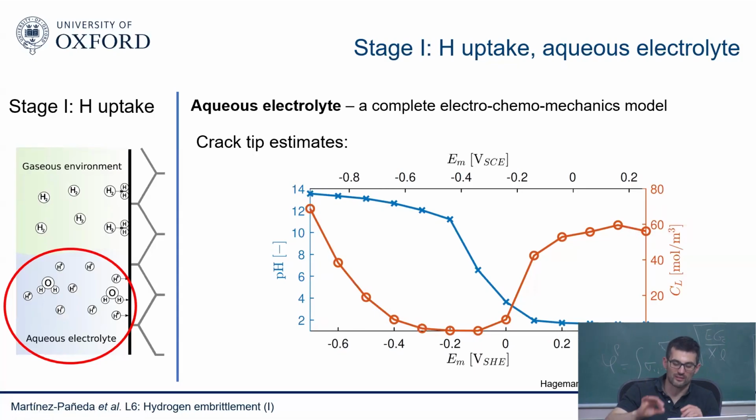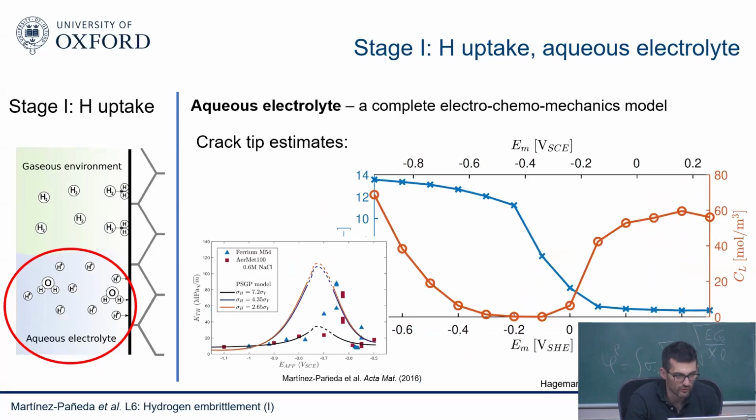There are some Barnacle cell tests that people are doing and some local electrodes that people are using, and they seem to agree. But you can see that it also agrees with embrittlement predictions. This is for two high-strength steels, and this is applied potential versus cracking threshold. For very low applied potentials, the fracture toughness is the lowest and the susceptibility is the highest.